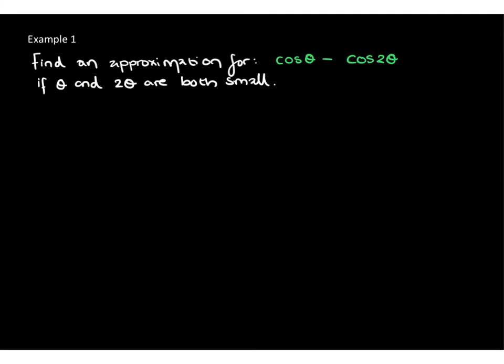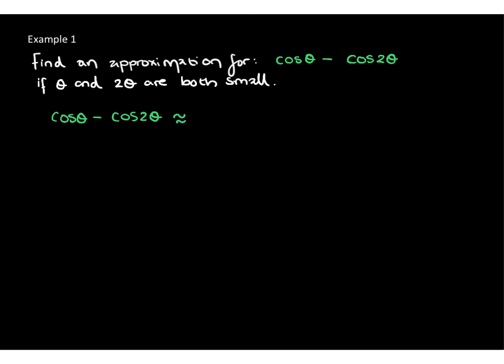So, first example, we're going to find an approximation for cos theta, take away cos 2 theta, when theta and 2 theta are both small. Don't worry about the numerical value of theta or 2 theta here. You've been told that they're both small, so that's all we have to work with. So, cos theta minus cos 2 theta is approximately, you must get the presentation of these sorts of problems correct.